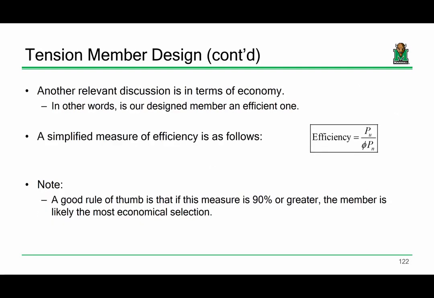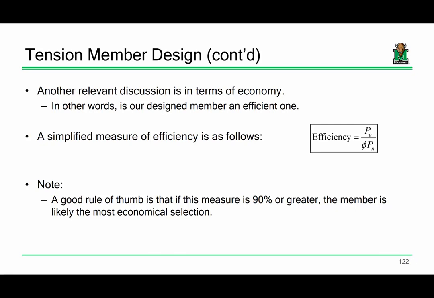Now, how do we know that that's the right answer? How do we know that that's the most effective choice? Well, there is a measure in structural engineering called efficiency. Let's go back to our previous example. What was the load? It was what, 240? The factored load was 240.